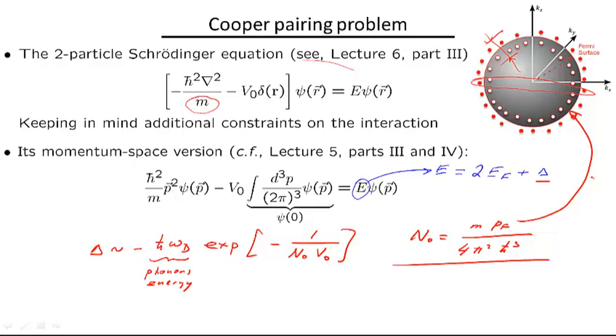The electrons indeed can find a way to lower their energy by forming these bosonic Cooper pairs that eventually form the superconductor. But what is not so great is that this small interaction energy appears in the exponential as minus 1 over v naught. So if v naught is small, then the energy of the bound state, the so-called superconducting gap, is exponentially small, and this is exactly what happens.